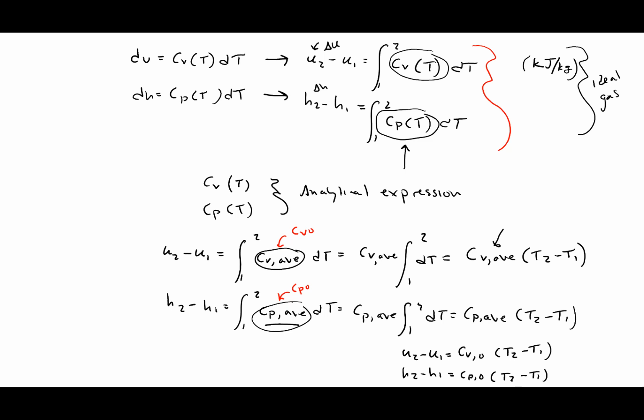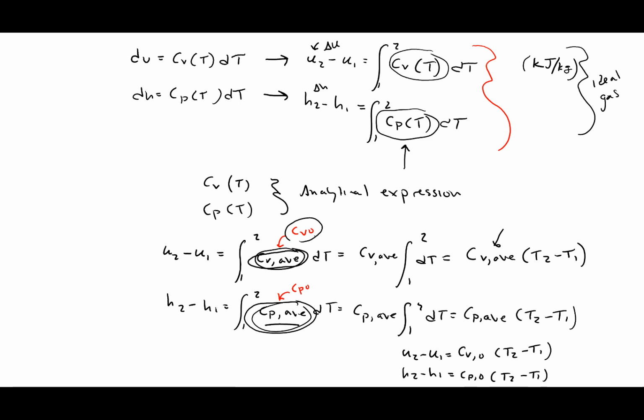The polynomial expression is technically going to be more accurate, but it's kind of an outdated method because it takes a long time to use, and with the amount of information available on the internet now, it's almost faster to just look up the C sub V or C sub P value that you need online than it is to go through and calculate it from the polynomial. So most of the time you're going to want to be using CV average or CP average.